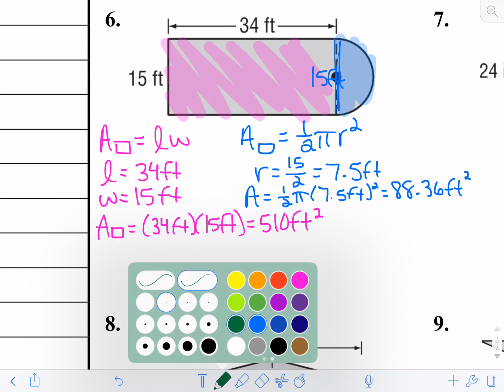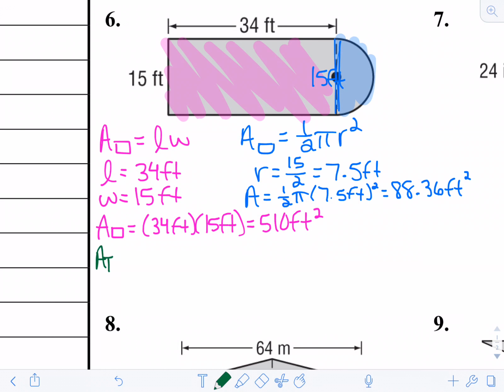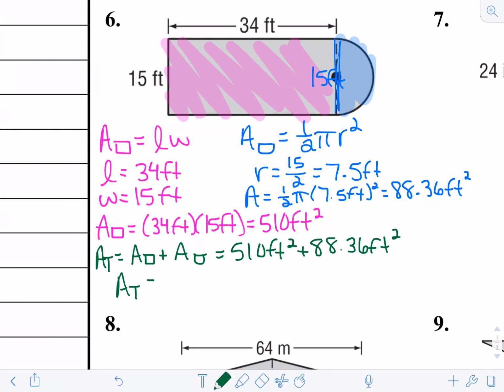So to find the total area, I'm going to put a T for that, area total, it's the area of my rectangle plus the area of my half circle. So that gives me 510 feet squared plus the 88.36 feet squared. And so my area total, I'm going to round to the nearest tenth, will give me 598.4 feet squared.